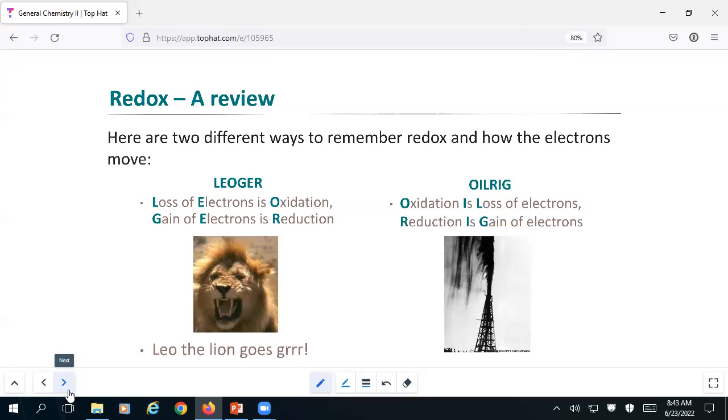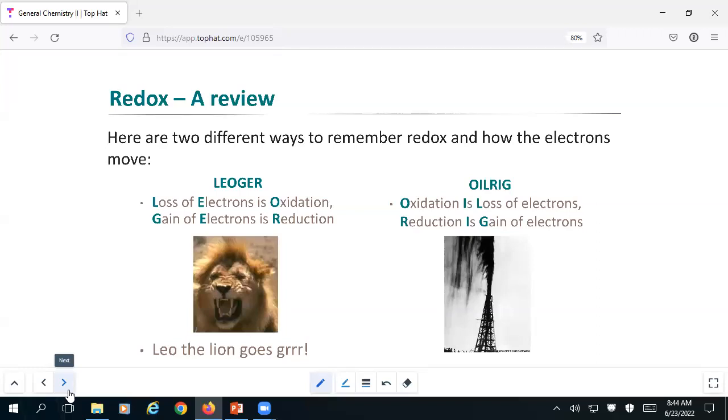But it's really easy to get them confused, especially when we start talking about oxidizing agents and reducing agents, which act in complete counter to what we think of as oxidation and reduction. Because an oxidizing agent forces oxidation. So it's not getting oxidized itself, it's causing something else to get oxidized.